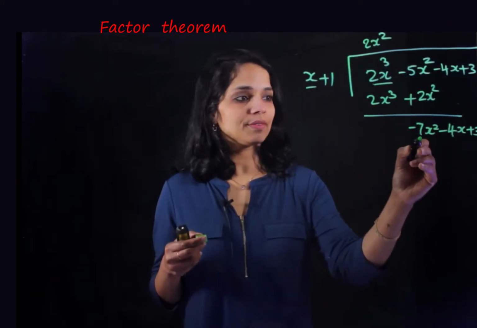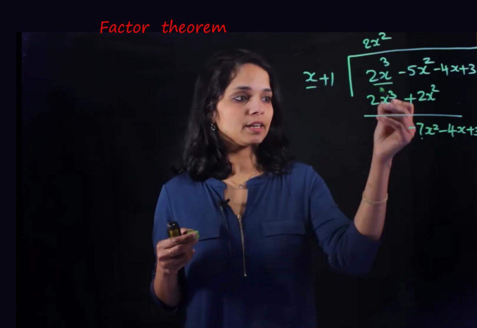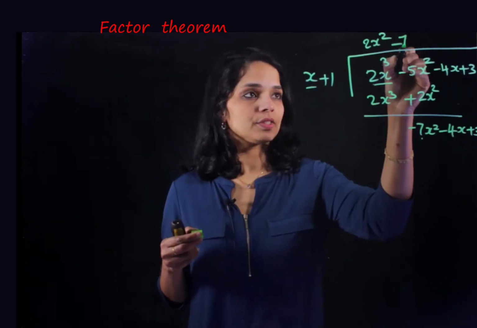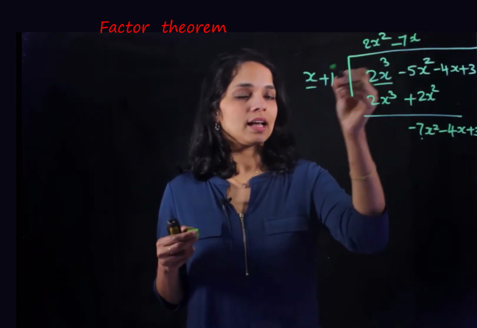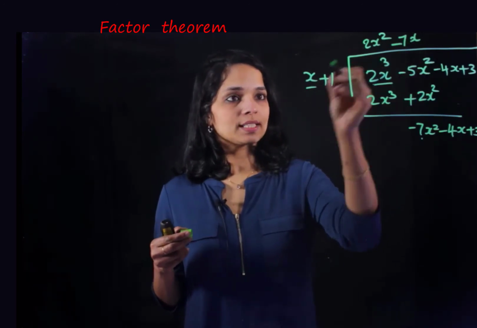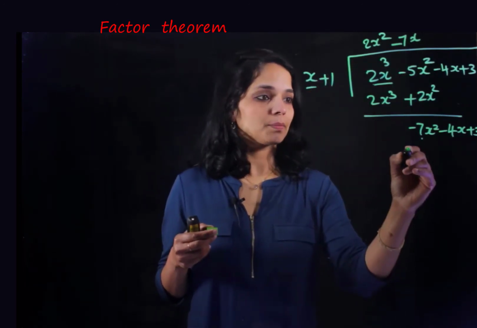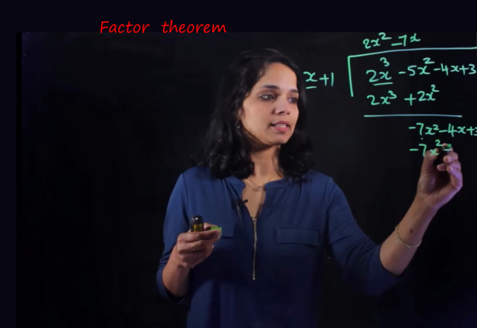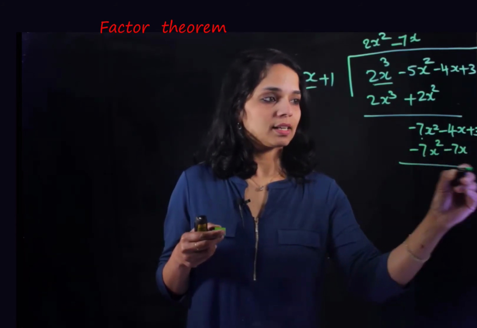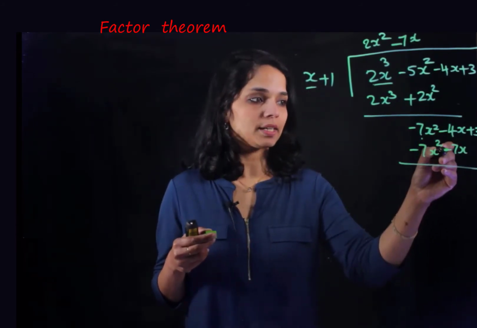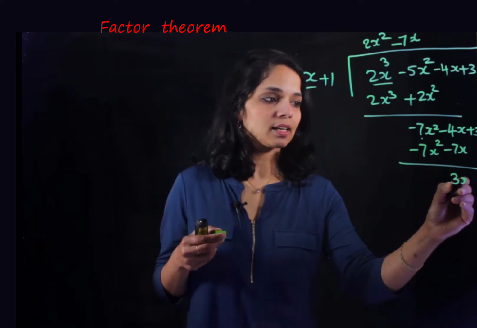Repeat this process again. Divide this first term by the first term here, which is minus 7x, and then multiply this minus 7x with the divisor, so minus 7x squared minus 7x, and subtract: minus 4 minus minus 7 is 3x.